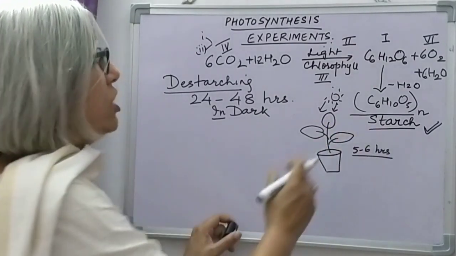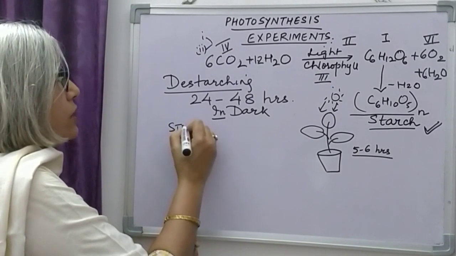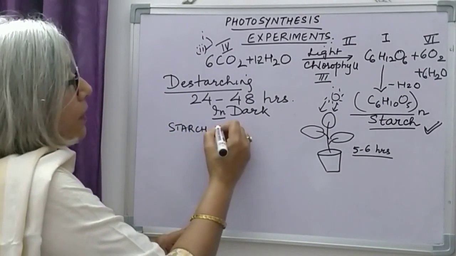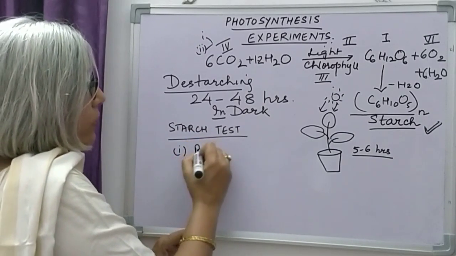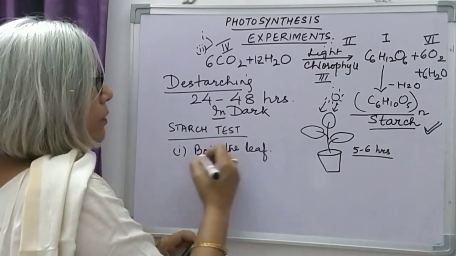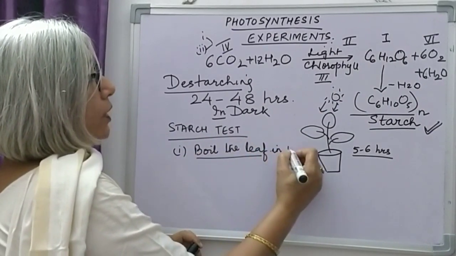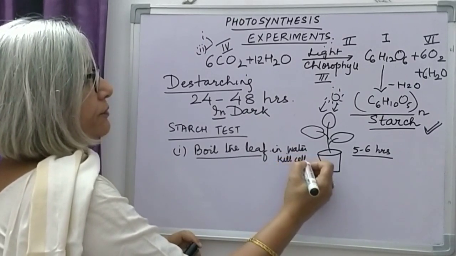So we detach a leaf from here. The test that we do is called starch test. We remove a leaf. First step is we will boil the leaf in hot water. Boil the leaf in water, which will kill the cells of the leaf.